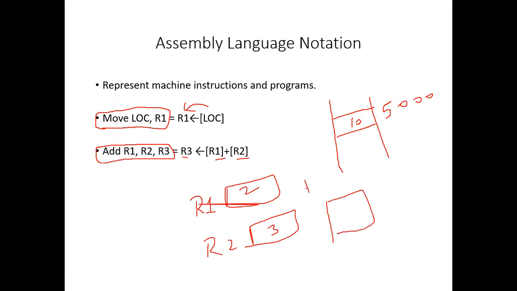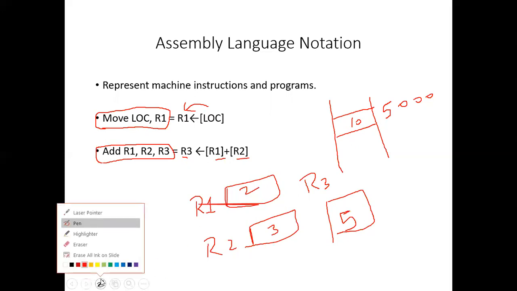The point is whenever you use registers, R0 to Rn, they do not refer to a memory location. But whenever you use any other symbolic name other than registers, they actually refer to the value at that particular memory location.